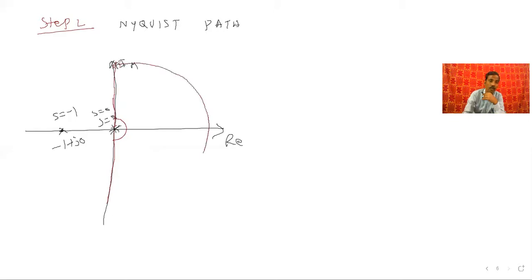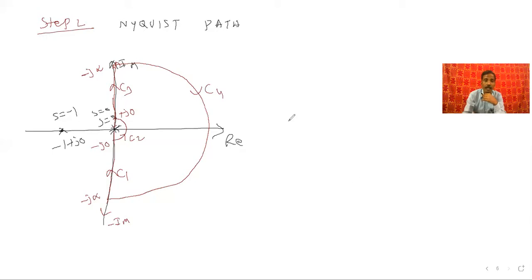Draw a contour. This is minus j infinity, this is C1, minus j0. This is C2, from minus j0 to plus j0, then to minus j infinity. This is C3, and this is C4.